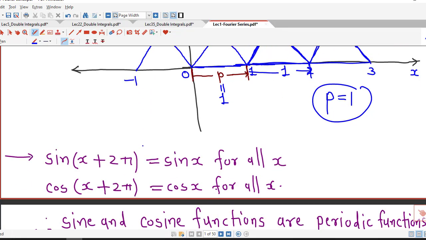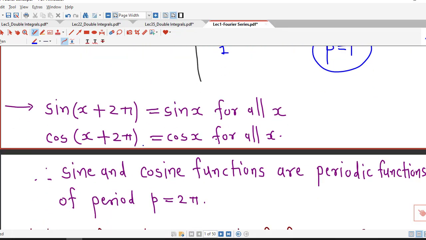We are familiar with some standard periodic functions. We know that sin(x + 2π) = sin x, because 2π + x means we are in the first quadrant, and in the first quadrant sine is positive. So sin(2π + x) = sin x for all x.